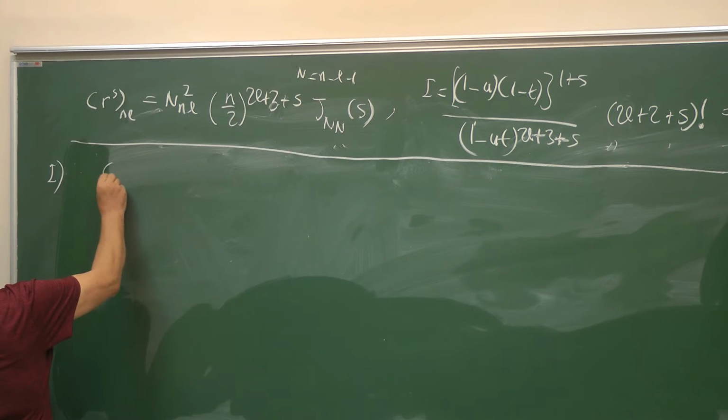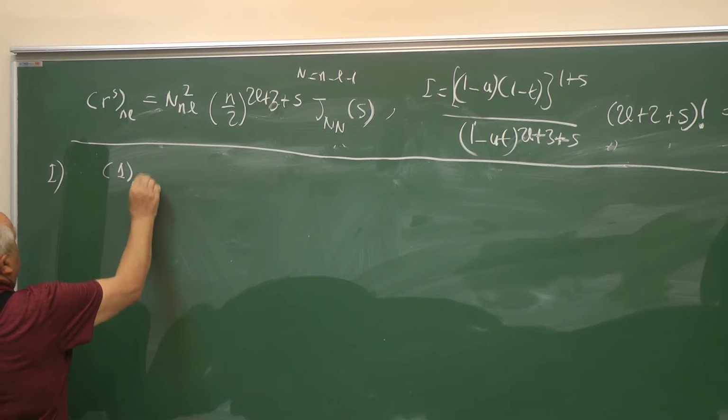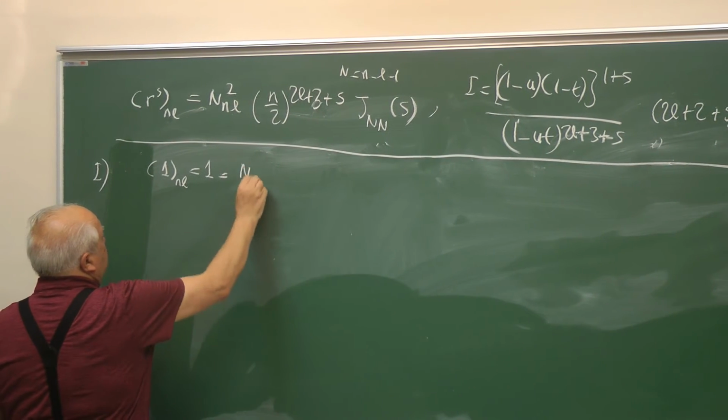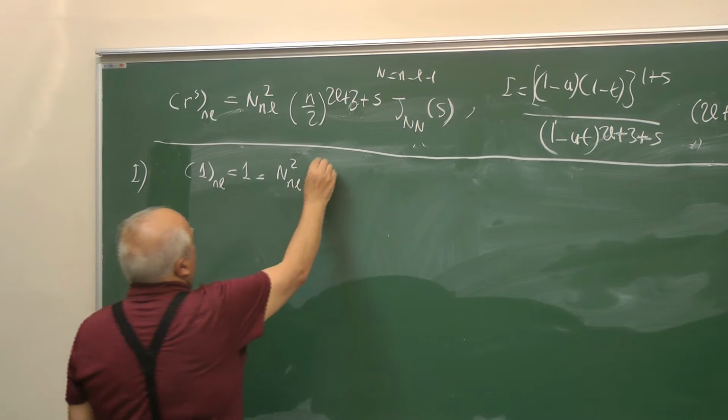So the average of 1, we demand it of course to be 1, that is N_nL squared. We will try to find this.